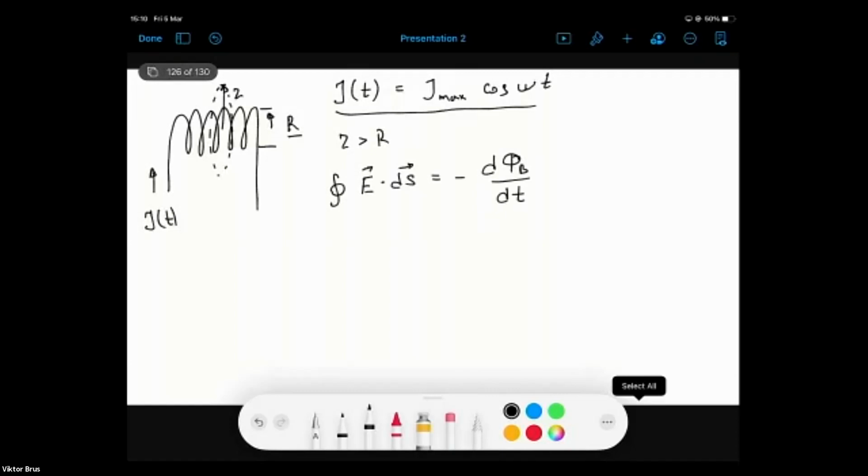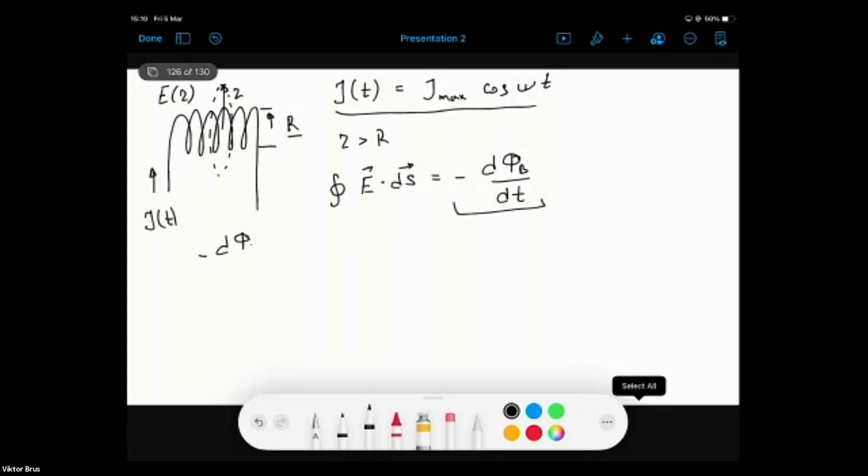We keep this in mind, and now we first need to define what this derivative will be. We are looking for the induced electric field as a function of radius r. So this derivative will be the following.